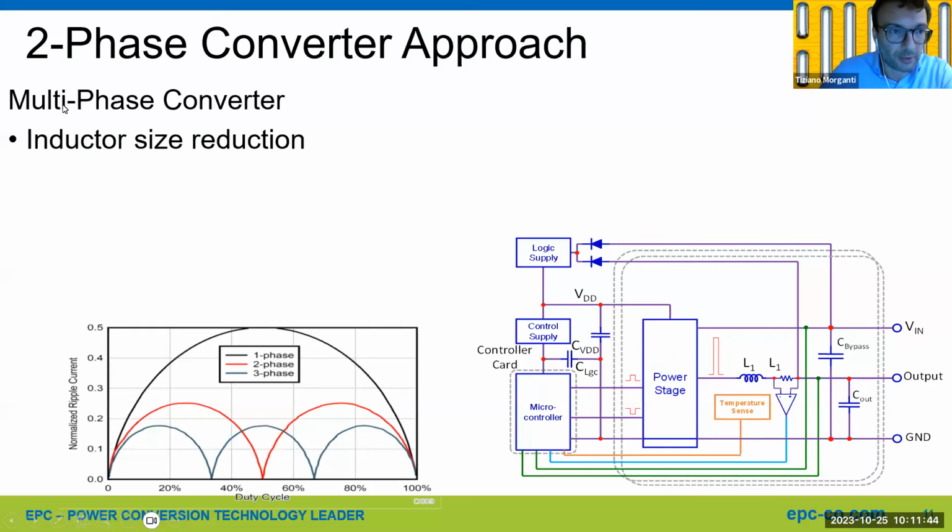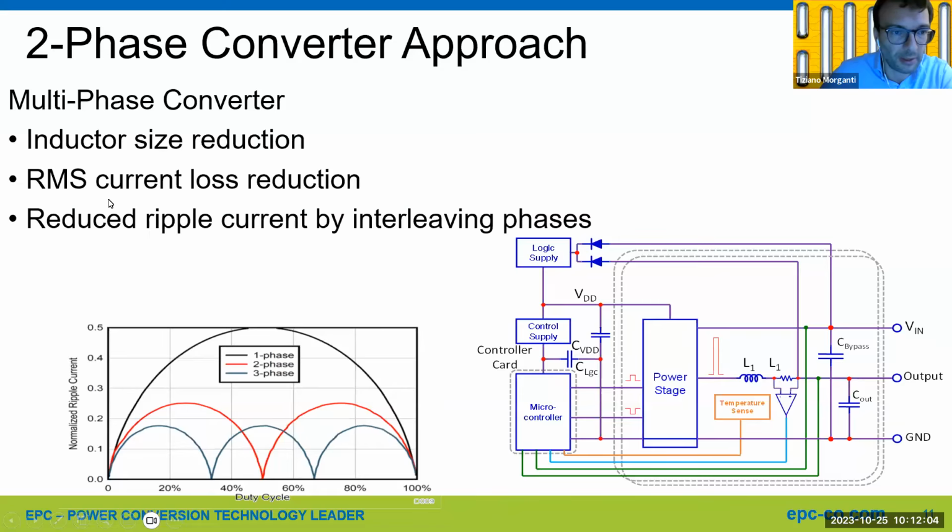So with the two-phase converter, we can reduce the size of the inductors, and the ripple can be cancelled if you interleave the two phases. We have a reduction of the RMS current for each inductor, and we can reduce the ripple current.